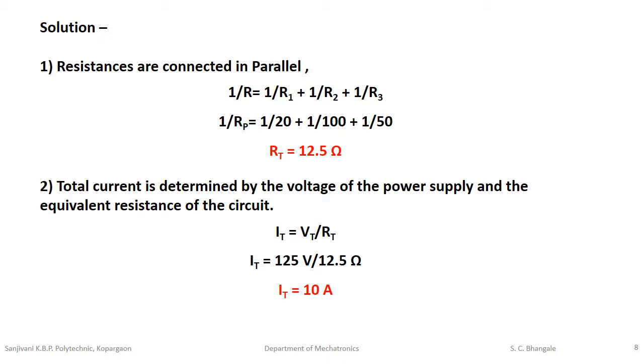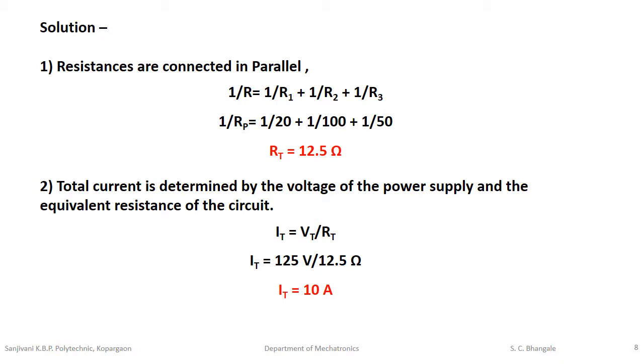The second parameter we have to calculate is the total current flowing through the circuit, which is determined by the voltage of the power supply and the equivalent resistance of the circuit. The equivalent resistance we have already calculated, 12.5 ohm. The voltage is given, 125 volts. So for this parallel circuit we can calculate the current IT equals VT by RT.